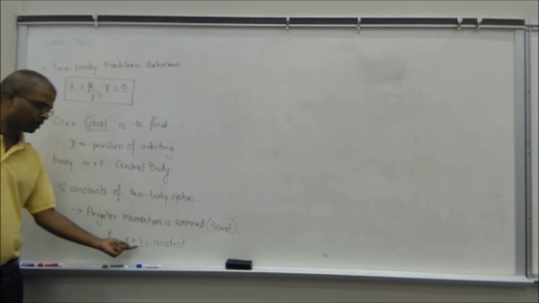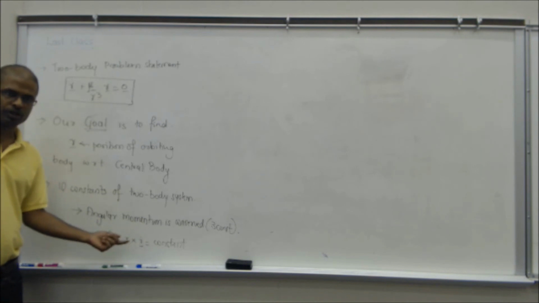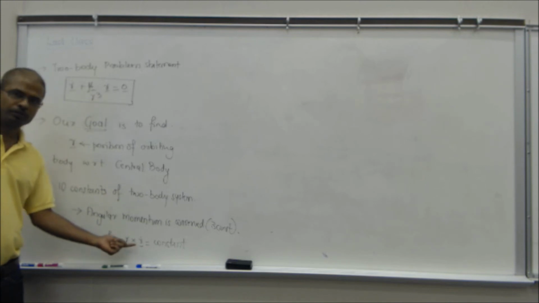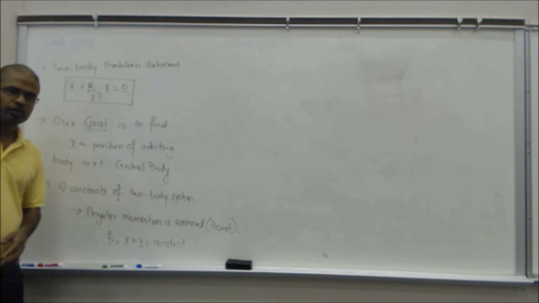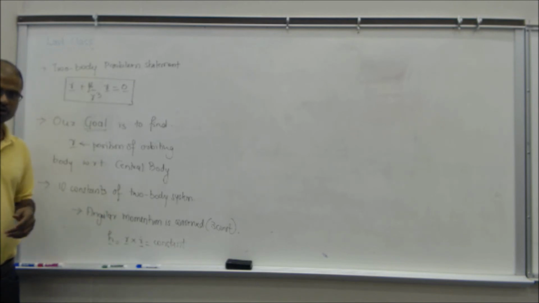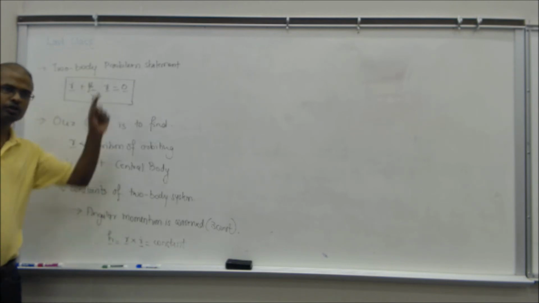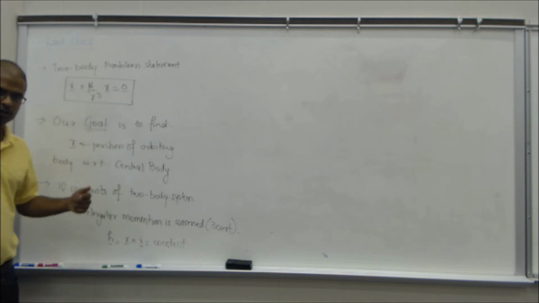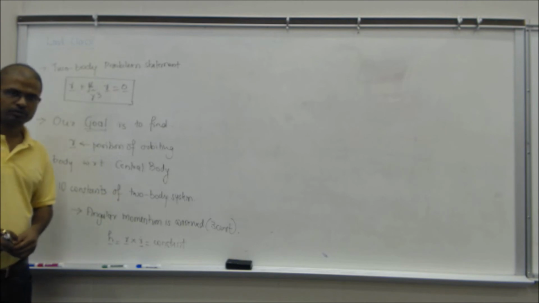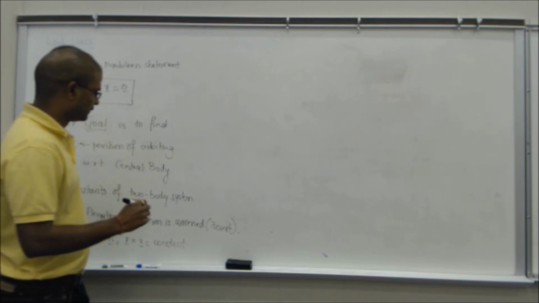R will change, R dot will change, but the cross of these will always remain the same. That's what this means. Another way to say it: if you know one of them, you should always be able to figure out the other. If you know this for any given two-body system, you can assume it's going to be constant regardless of where the body is, and knowing one, you can always derive the other. That is what it means. Okay?